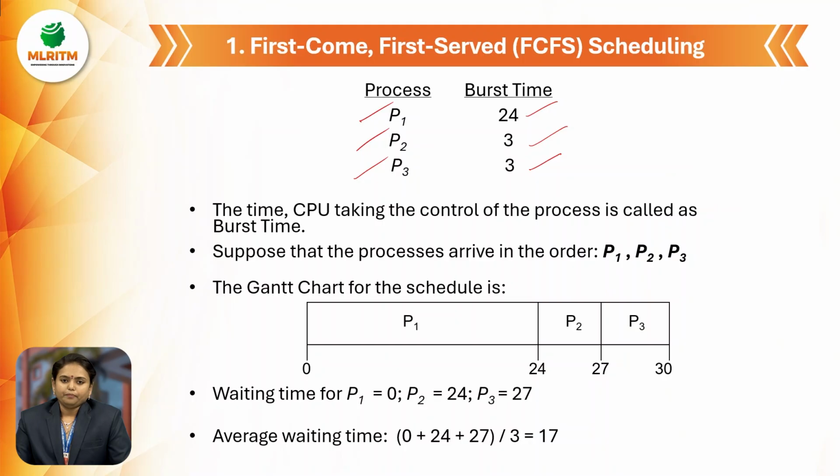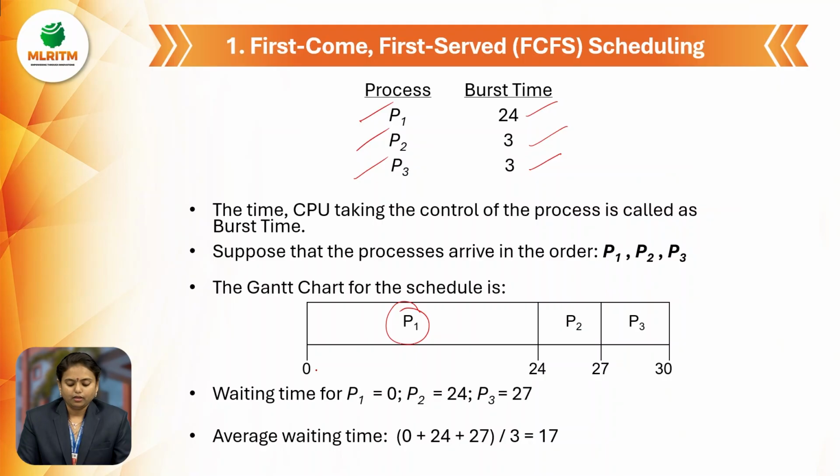That means the time the CPU takes control of a particular process is burst time. Suppose we take the processes in the order P1, P2, P3, and in the CPU, P1 enters first, and the waiting time of P1 is 0 because there is no other process before it.